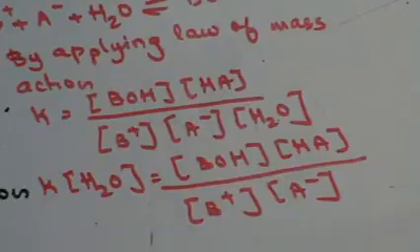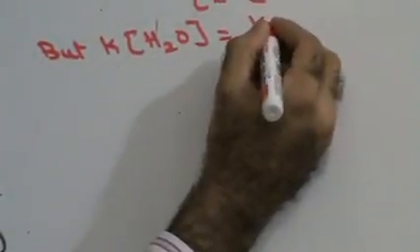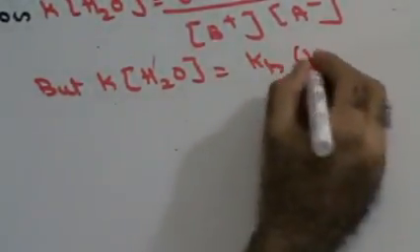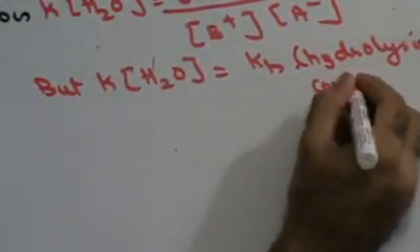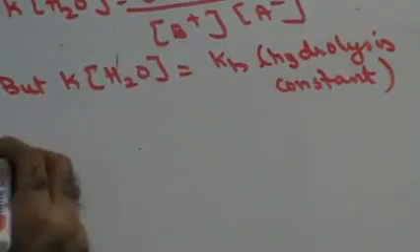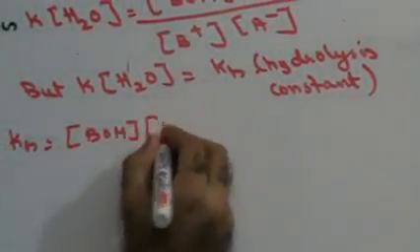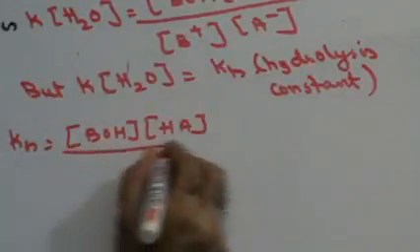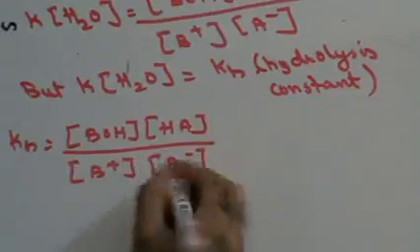But I can say that dissociation constant into active mass of water is hydrolysis constant KH. So I can therefore say that hydrolysis constant KH is going to be nothing but BOH into HA upon B plus into A minus.